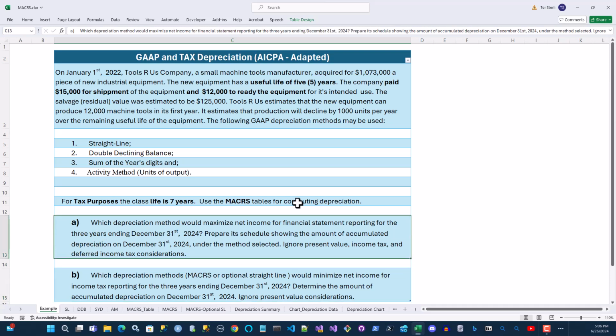So A is asking for which depreciation method would maximize net income for financial statement reporting for the 3 years ending December 31st. So each year you take depreciation expense, and the more depreciation expense you take, the lower your net income will be, obviously.